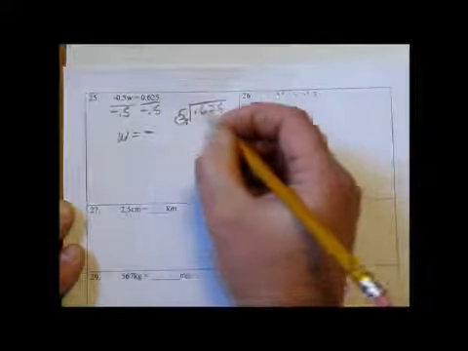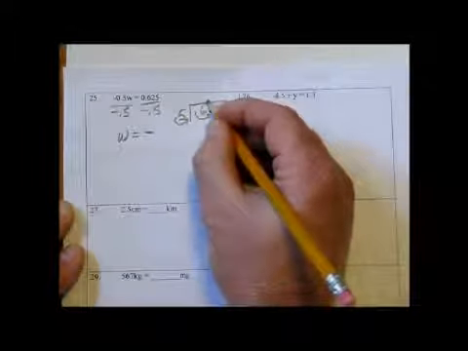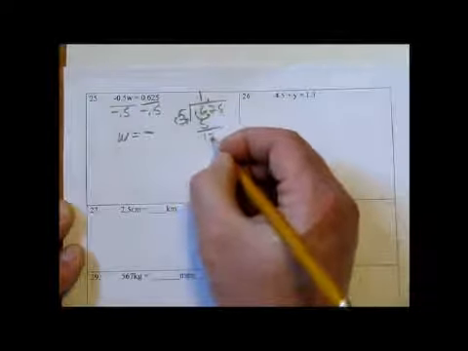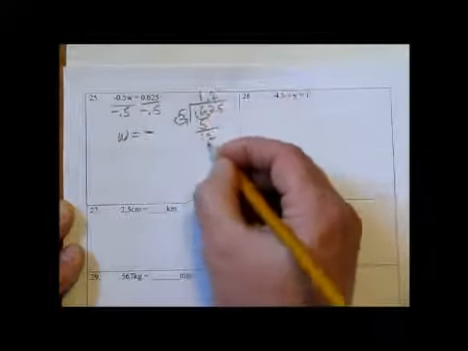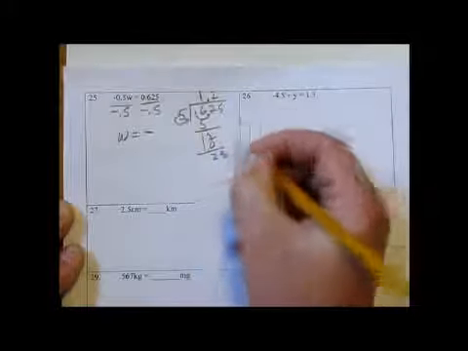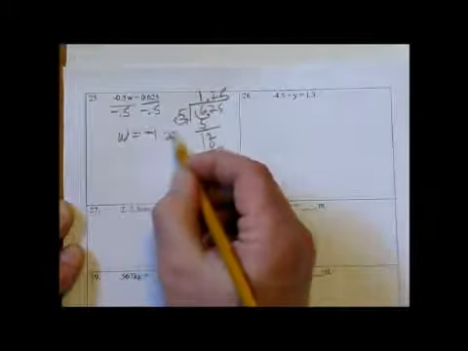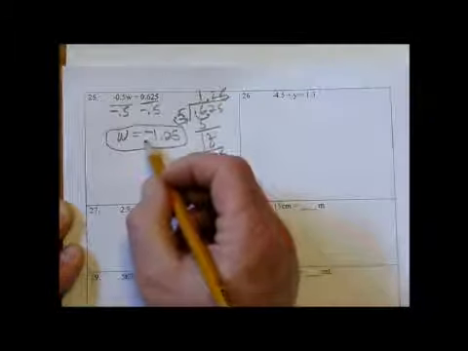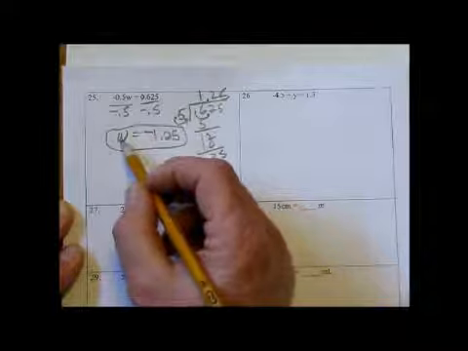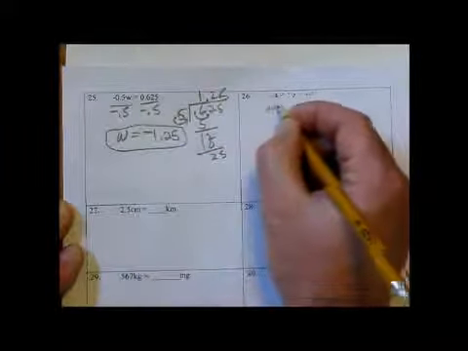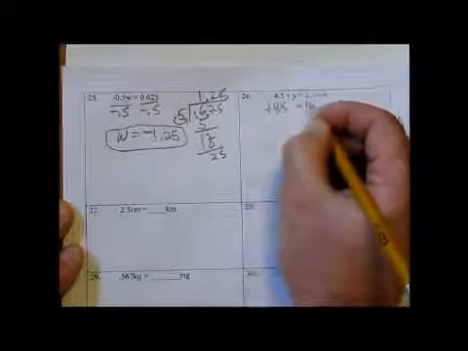Need to move this over 1. Need to move this over 1. We get 1 goes in there 5. We get 1, 2 goes in there 2. We get 10. We get 25 there, goes in 5. We get 1.25. So the final answer is W is equal to negative 1.25.